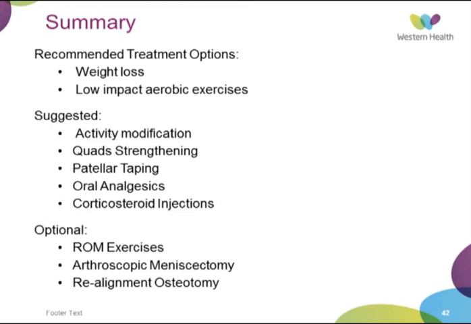Recommended treatment options, so the non-arthroplasty treatment options are weight loss and low impact aerobic exercises, which were recommended. Other suggested treatment options were activity modification, quad strengthening, patella taping, oral analgesics, and corticosteroid injections. And other options are range of motion exercises, arthroscopy in the presence of torn meniscus or loose bodies, and realignment osteotomies.